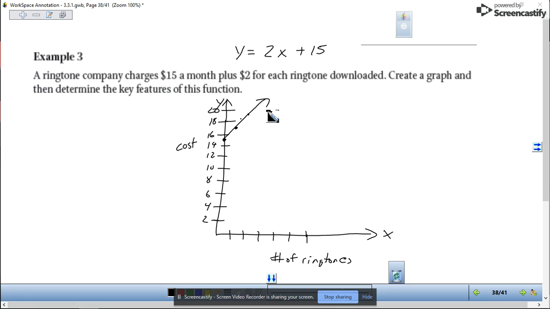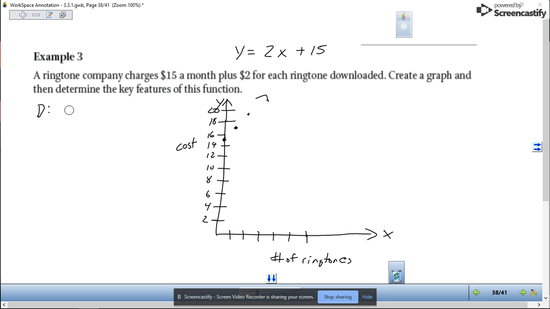The first one we're going to talk about, I always start with domain and range. So my domain has got to start at 0. Can you really include the lines in between here since what we're doing is ringtones, right? No, you can't. It's going to keep going forever and ever, but you can't really include the points in between because you can't download a partial ringtone.